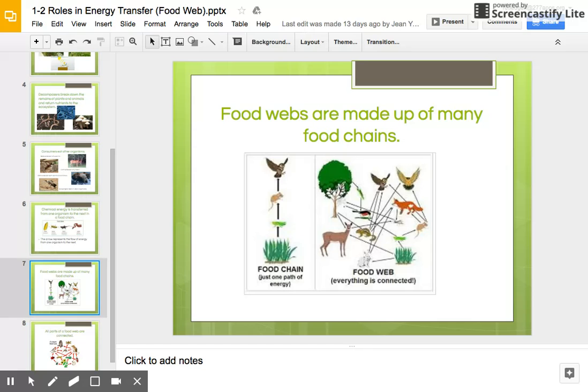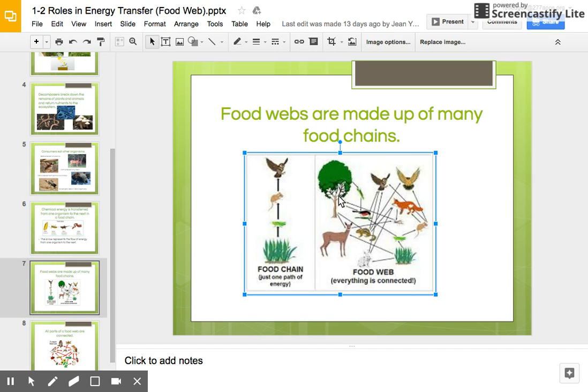A food web looks different than a food chain because a food web is made up of many different food chains. You see here it's no longer a straight line, and it shows that all of the different organisms in this picture are connected. So in this picture, we can see multiple producers, the grass and the tree. We can see multiple consumers that are at different levels in the food chain.